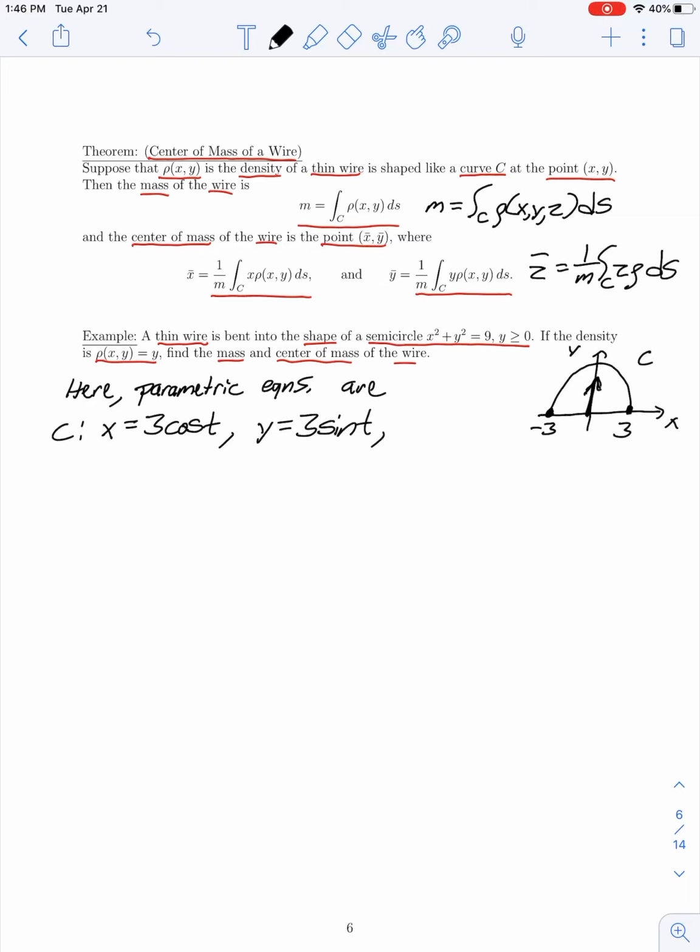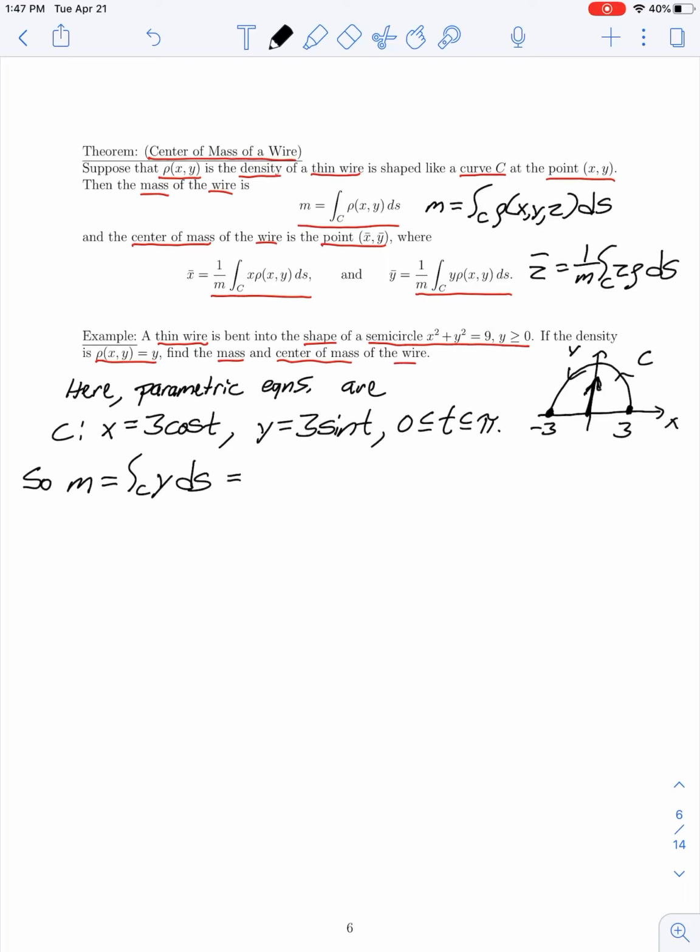And t, to describe the upper half of this circle, could range from 0 to pi. That is a rotation from 0 radians to pi radians to trace out the upper half of this circle in a counterclockwise direction. So once we have these parametric equations for our curve, we're ready to find the mass of this wire that has that shape. To find it, we integrate over the curve C our density function, which was y with respect to s.